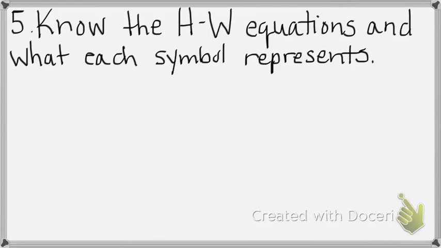What symbol is homozygous recessive? Q squared. What symbol is the frequency of the dominant allele? P. See what I'm talking about? I'm going to ask you each of those things, so know what each thing stands for.